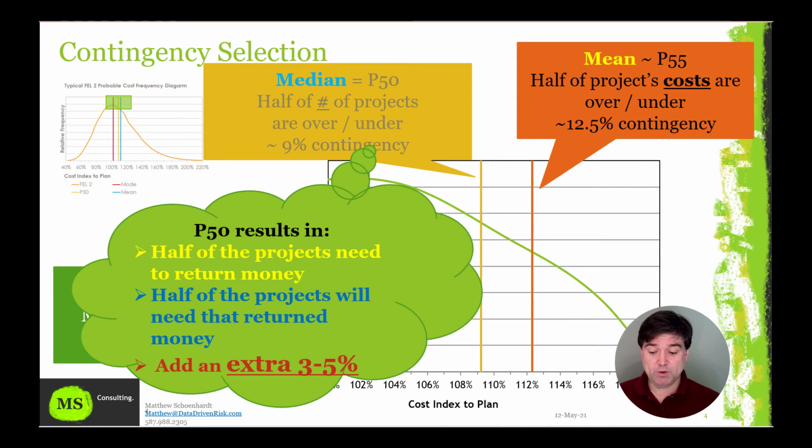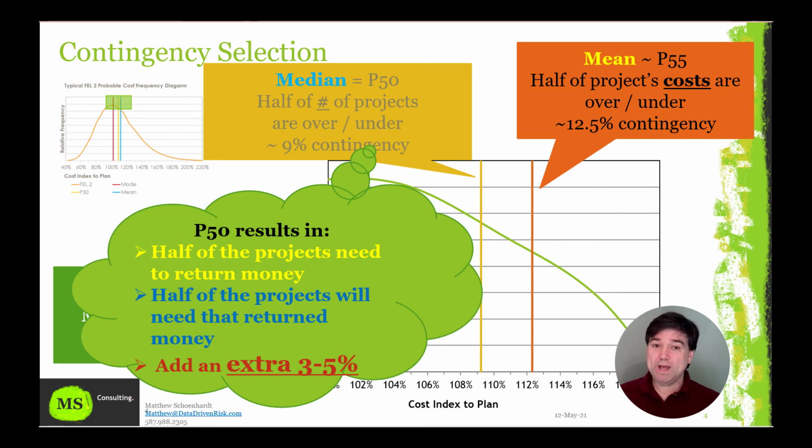However, the half that went over budget are going to need all of that underrun money and an extra 3 to 5%. And so when you start thinking about portfolio funding, you need to start thinking about funding projects at the mean contingency levels, not the median or P50 contingency levels. Otherwise, your portfolio is going to be a bit broken.